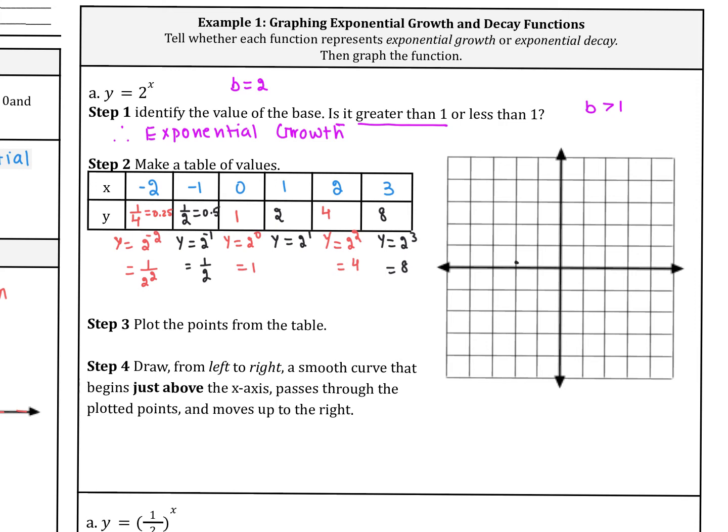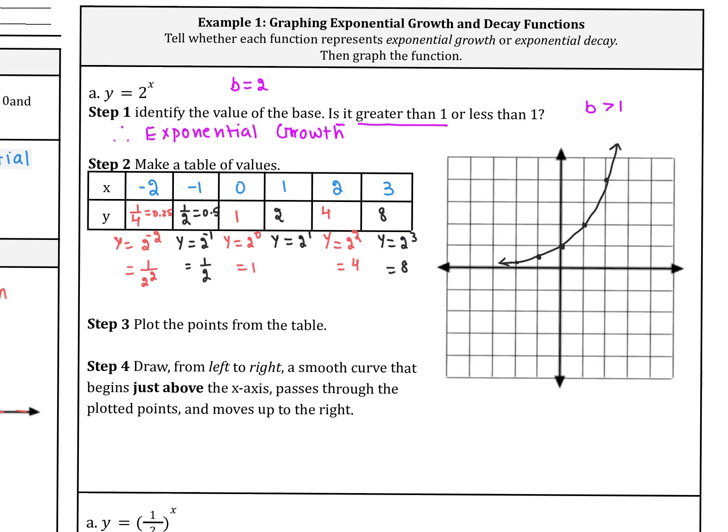So negative 2 comma 0.25 is this point right here. Negative 1 comma half is in the center. 0 comma 1 is this point. 1 comma 2 and 2 comma 4. You graph or connect these points, and you're going to get a function that looks like this, and it is a growth function.